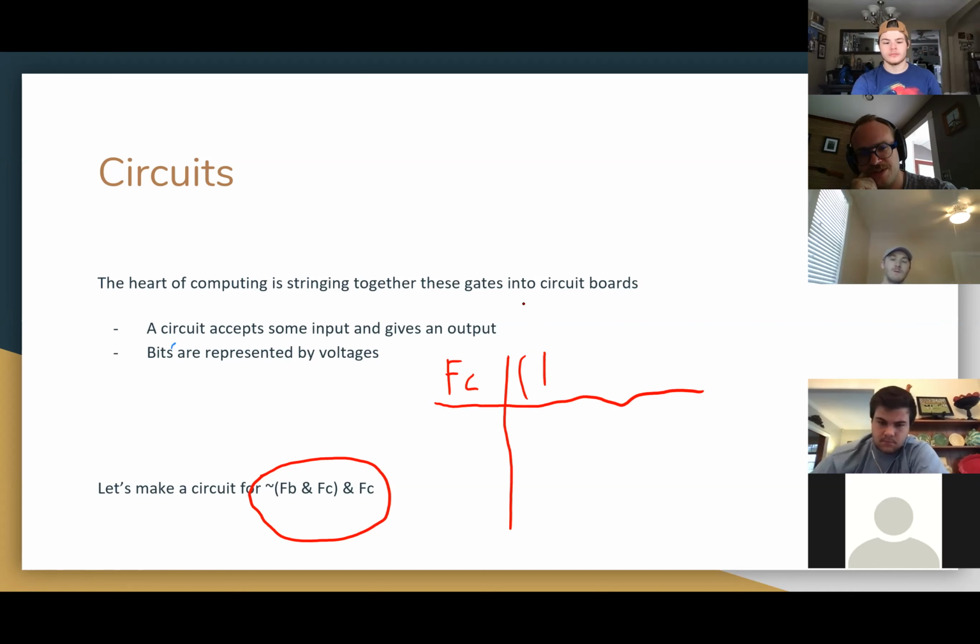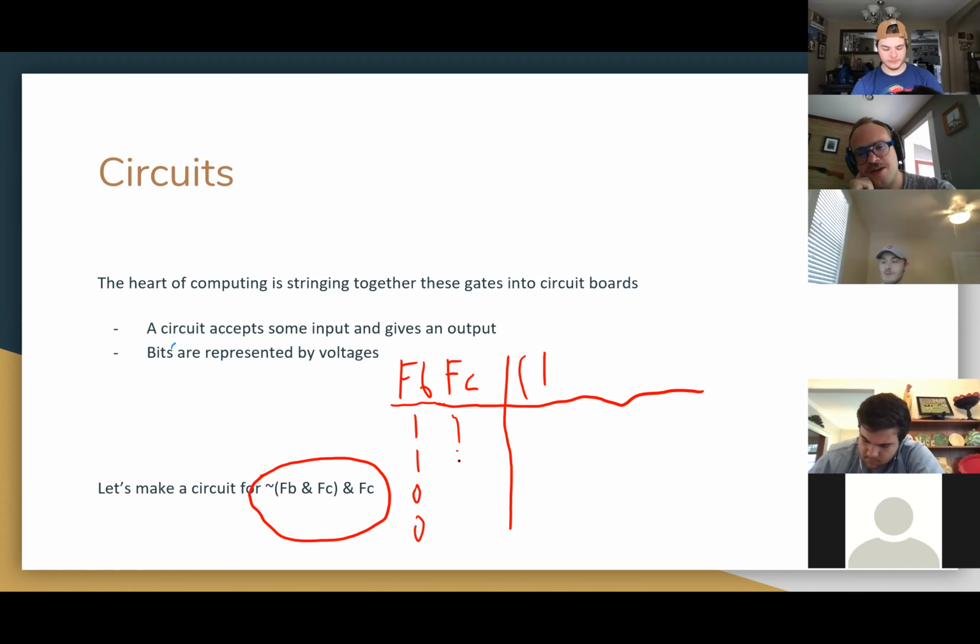Oh wait, there's 2. Okay. And instead of true or false, I'm going to assign them 1s and 0s, but use the same pattern that we use for doing truth tables.